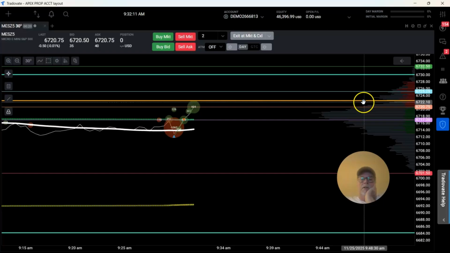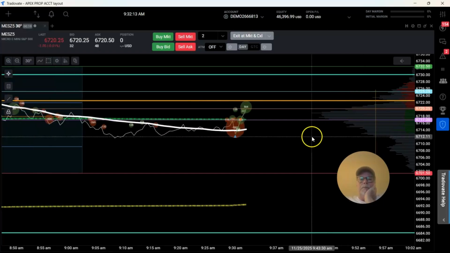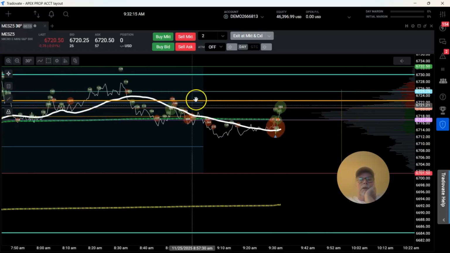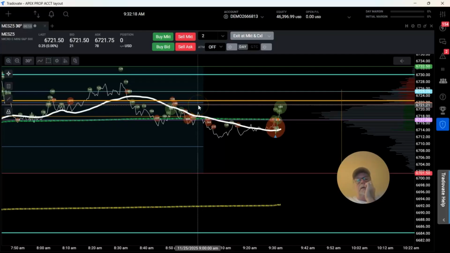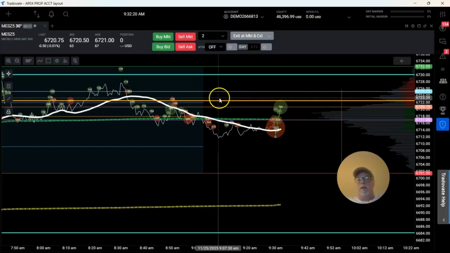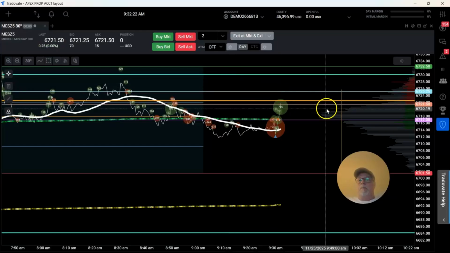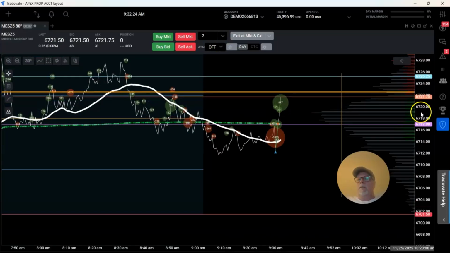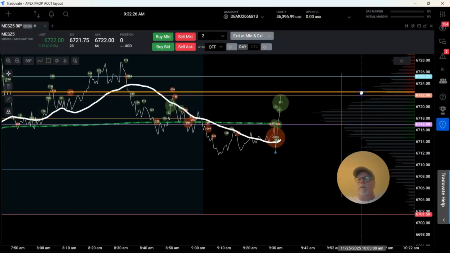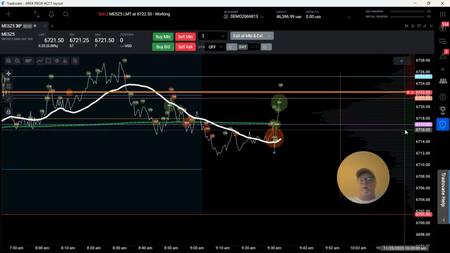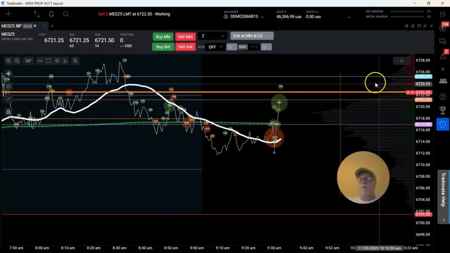Let's see what happens at this point of control here. This point of control is our overnight value area high. I think let's just take a short at it and see what happens. Short that point of control, see if we get filled.